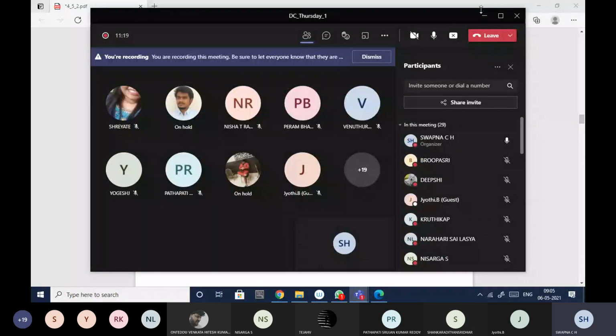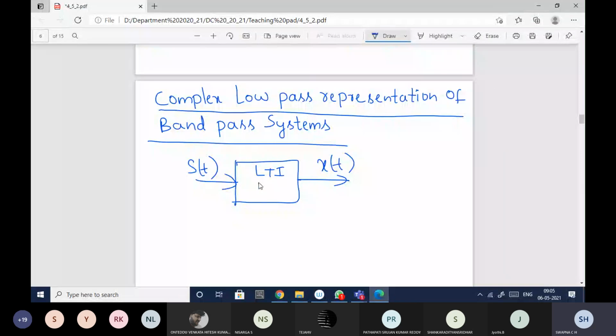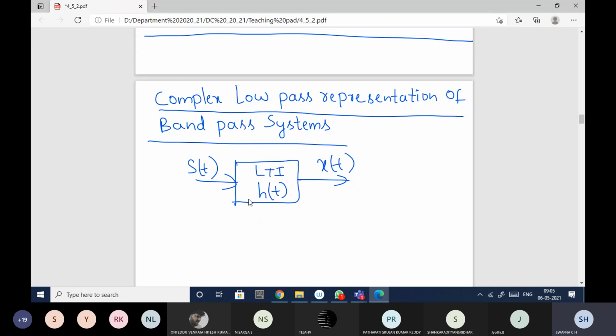Why will we take this as h(t)? Because for any system, if you give the impulse function as the input, the output will be the impulse response of the system. So the LTI system will be denoted with h(t), which is nothing but the impulse response of the system. And this h(t) is a bandpass system now.